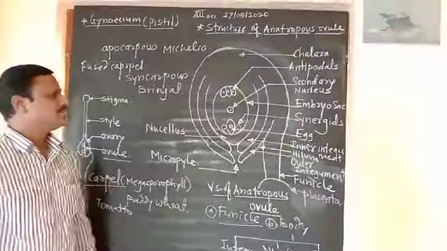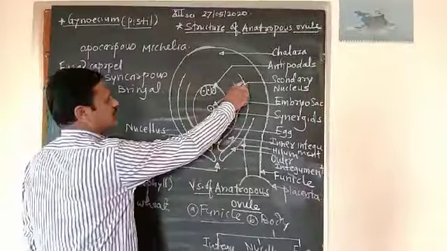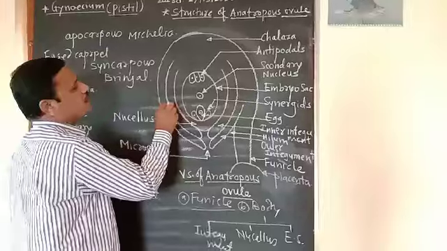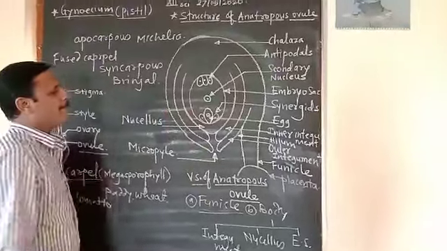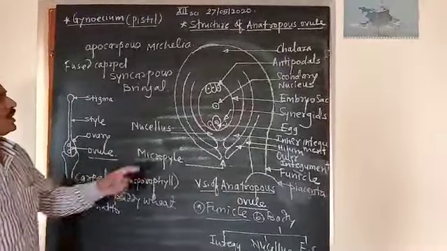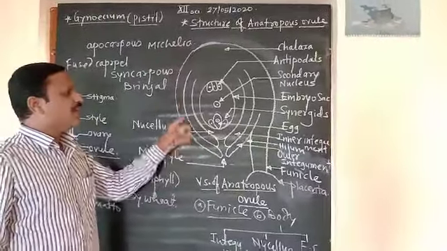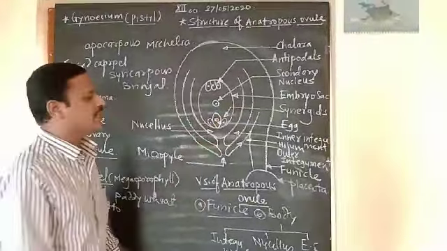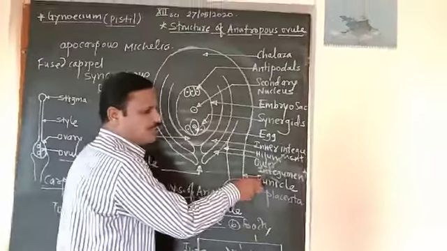Integument surrounds the ovule. The structure which surrounds the ovule is called integument.